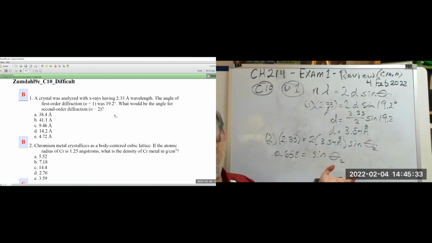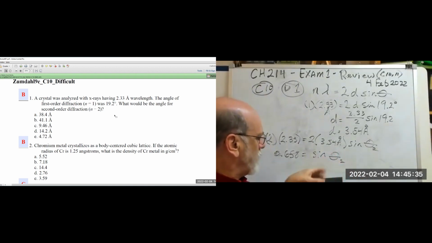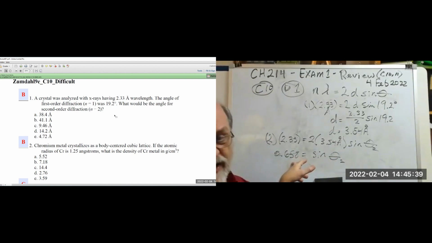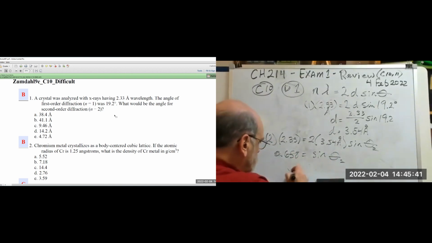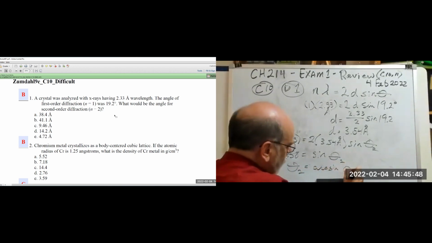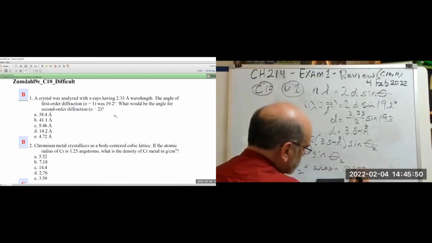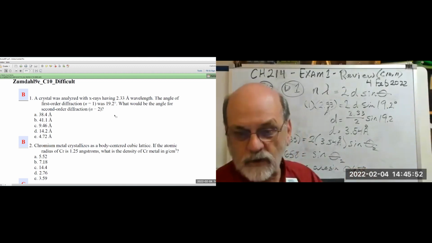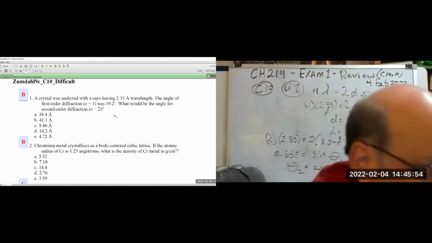Now, how do you solve that? Well, this theta is going to be the arc sine of 0.658. That's what it will look like on your calculator.